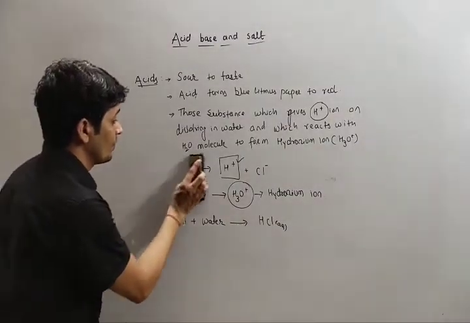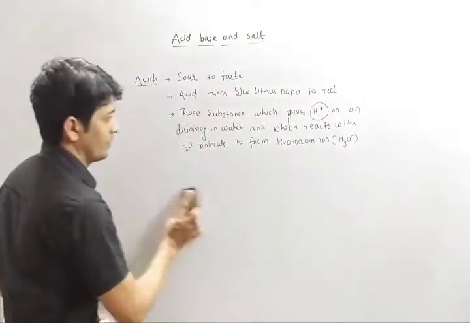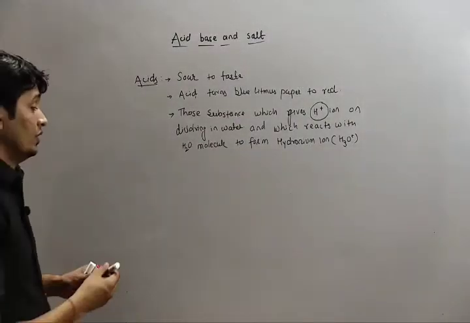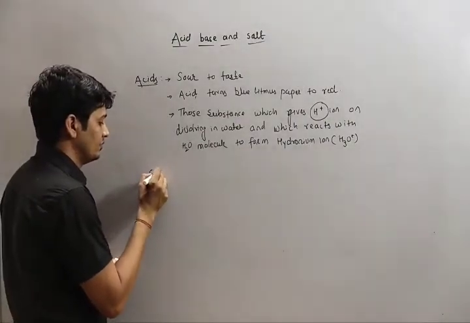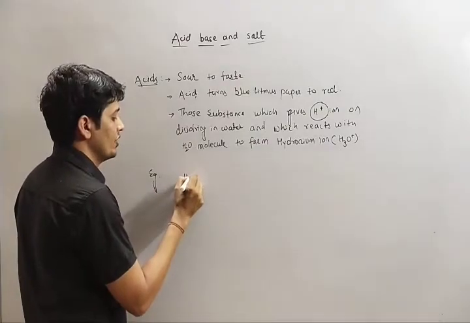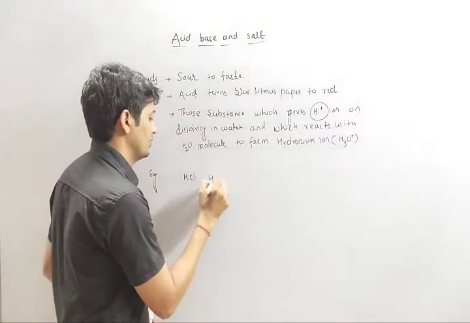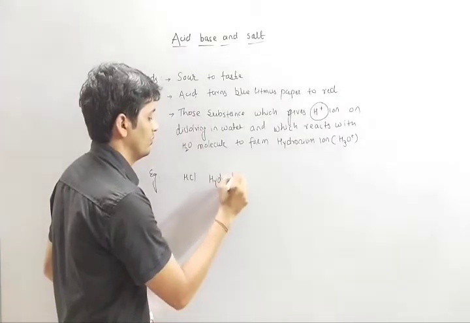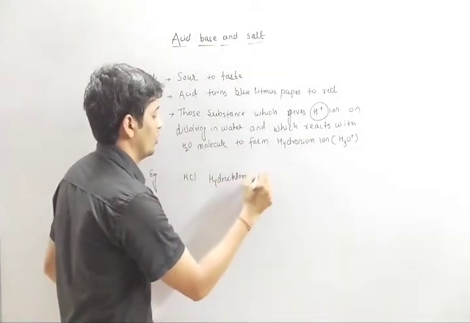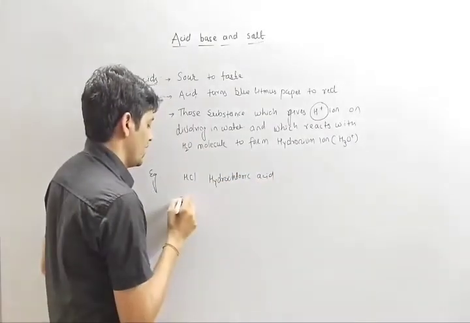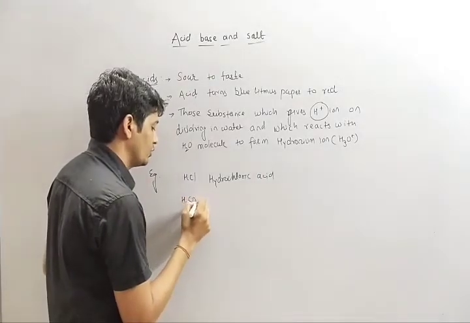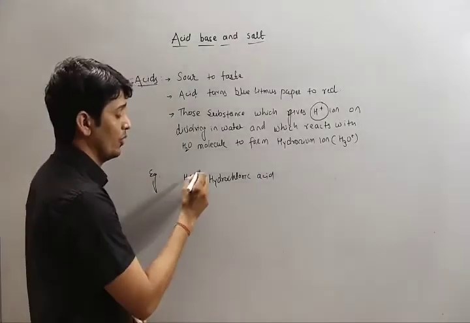Example: HCl, it is hydrochloric acid. H2SO4 is sulfuric acid.